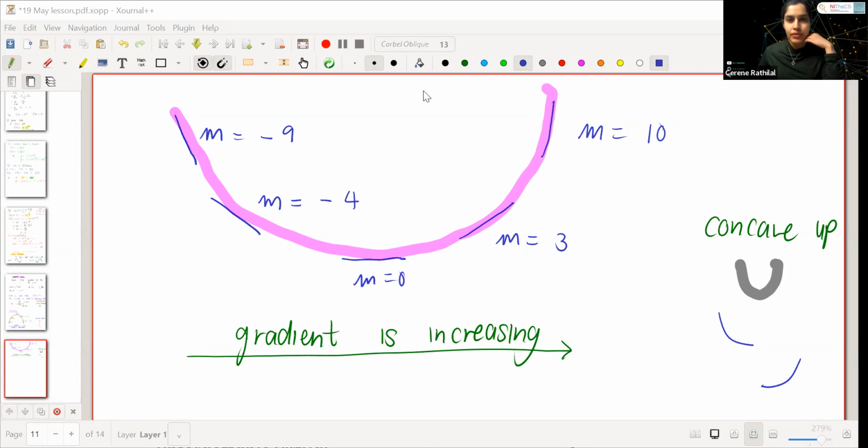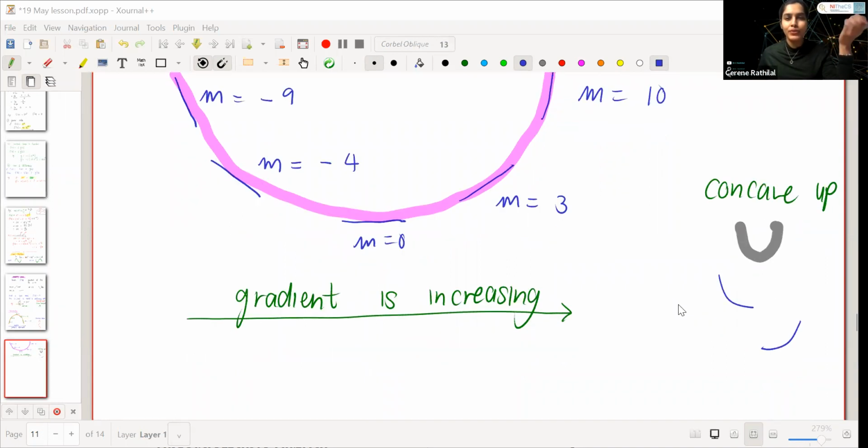Okay, so everything that I've explained here is about the gradient. It is about the increase or the decrease in the gradient, okay? But before, we looked at the increase or the decrease on a curve in general. So because I'm looking at the increase or the decrease, the rise or the fall of the gradient, this means that I need to find the gradient of the gradient.